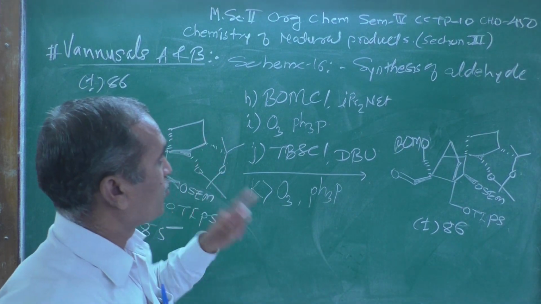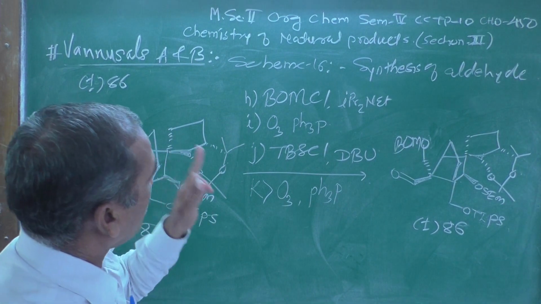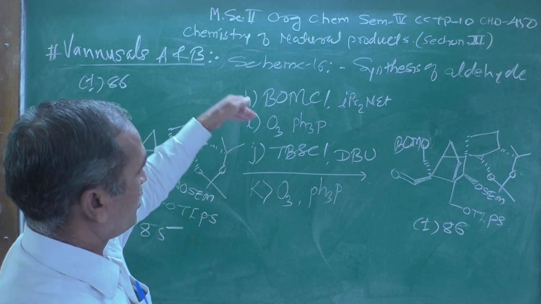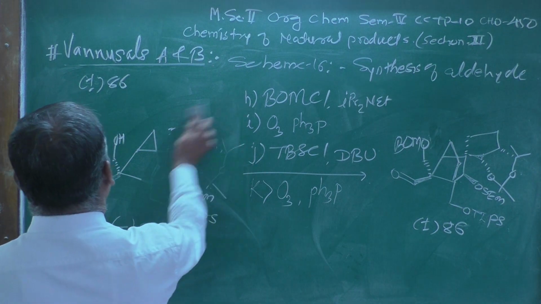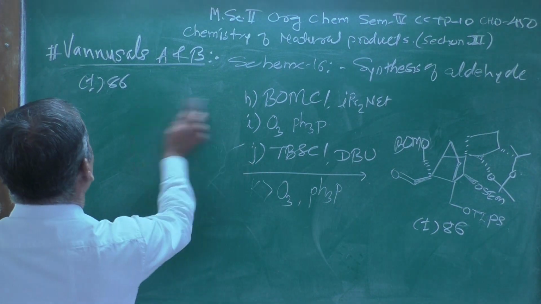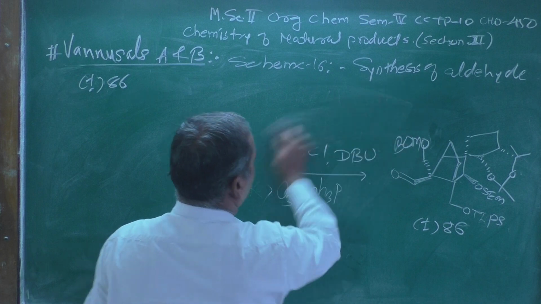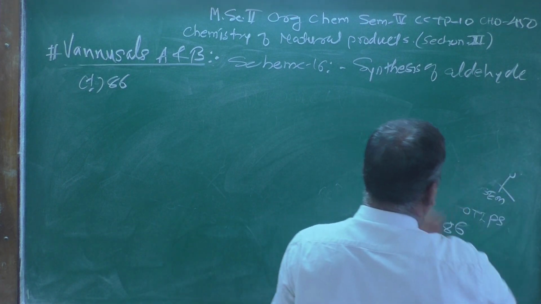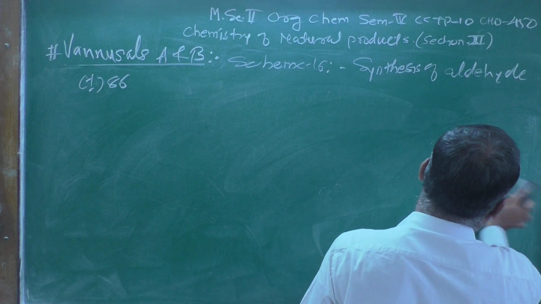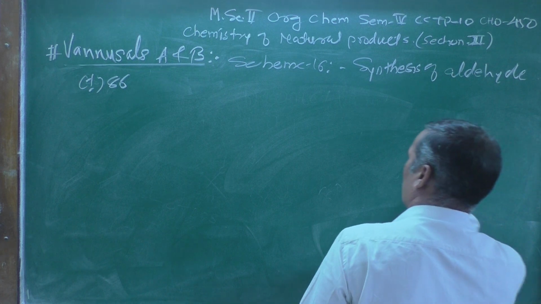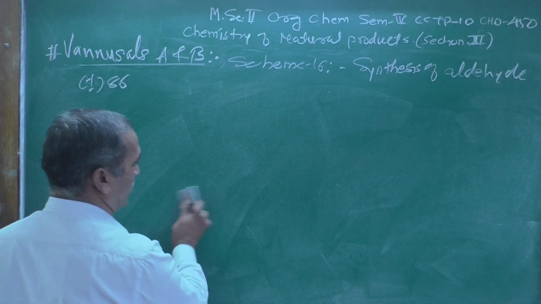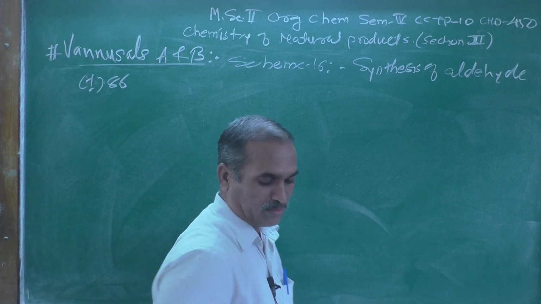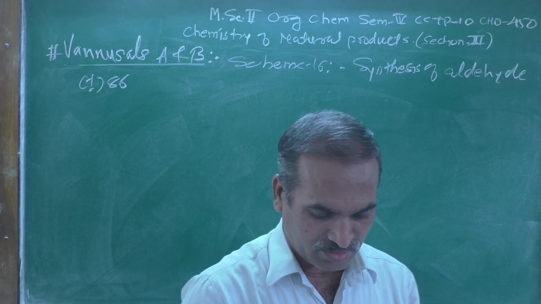Today we are going to see the different reagents and conditions used during scheme 16, what those structures are, what their uses are, and how much percentage of yield is obtained at every step.